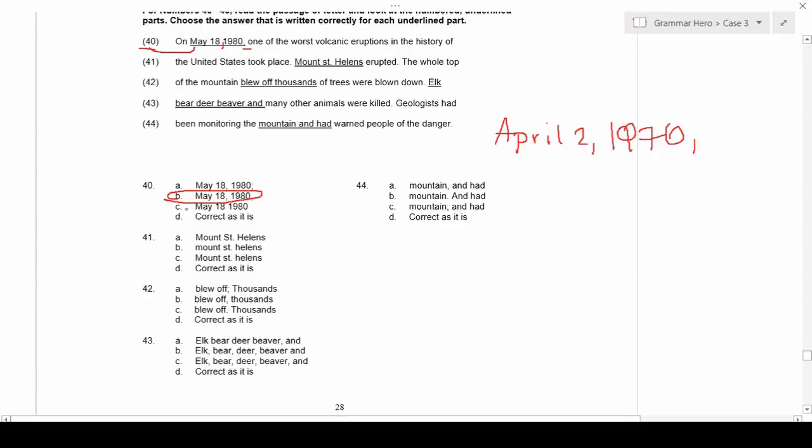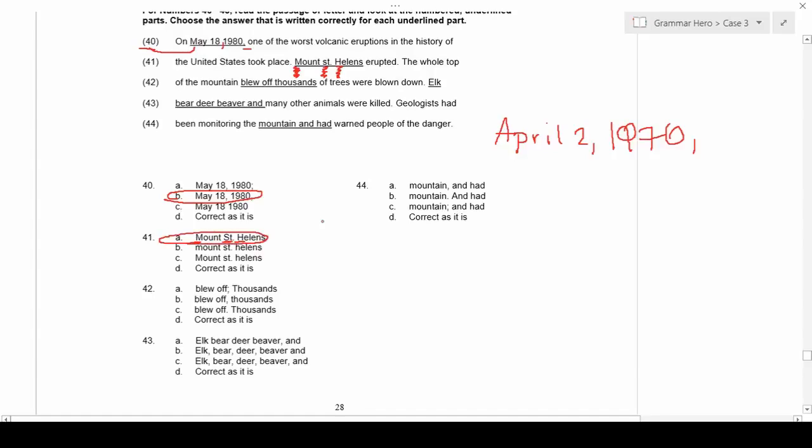Number 41. Mount St. Helens. At the very beginning of this video, we talked about capitalization of proper nouns. You capitalize every first letter in a series of proper nouns, including Saint. Okay, so we're going to go capital, capital, capital. We choose this one.